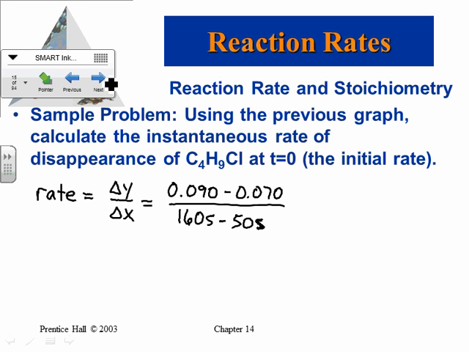And I can use that to figure out the rate of this reaction, the instantaneous rate at time 0, which is honestly probably when the reaction is going to be reacting the quickest.